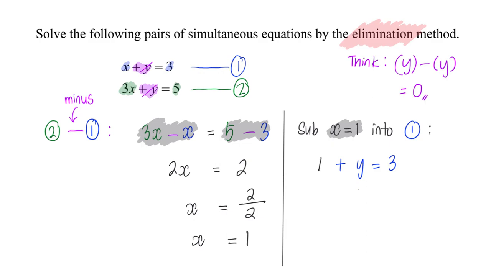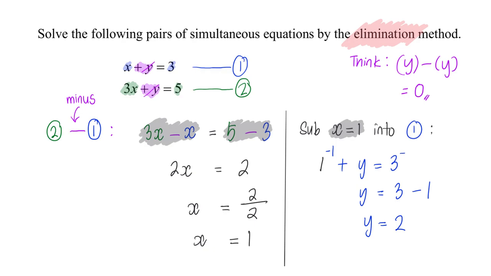So from here, I can get my answer easily. 3 minus 1. Y equals to 2. Okay, in case you're wondering why my minus 1, well, if I minus 1 on both sides, then I would make this equals to 0, right? So that's what is happening, okay?